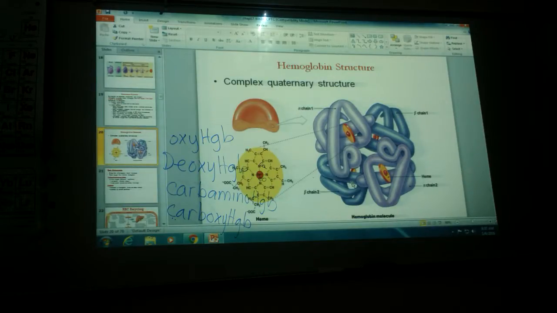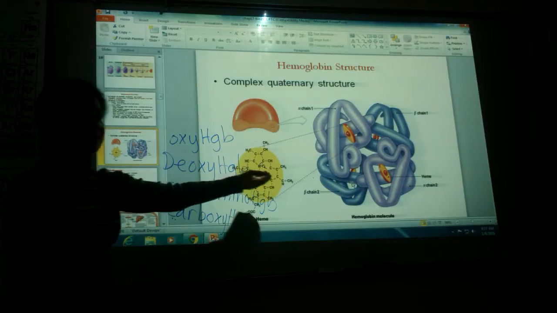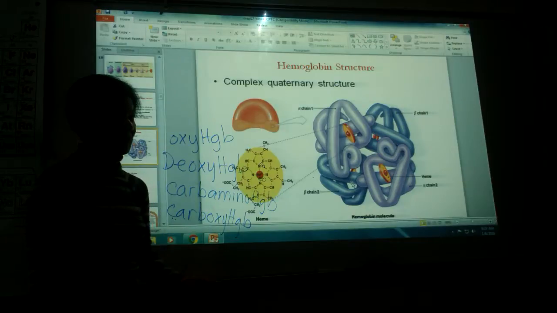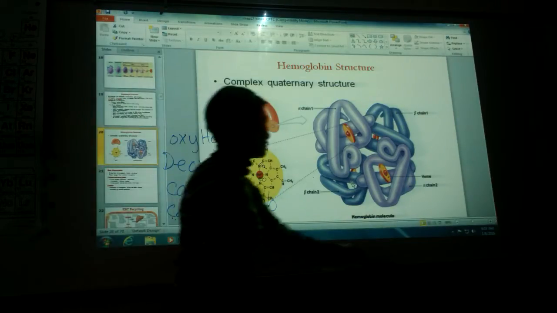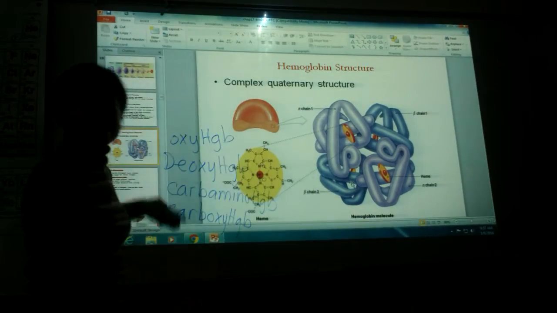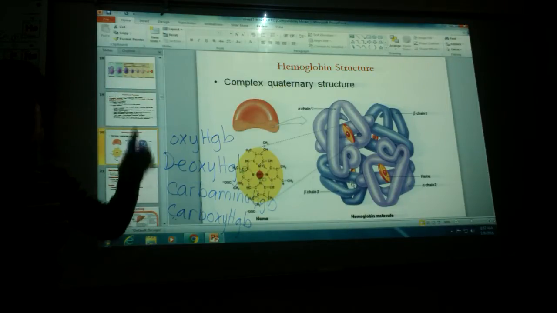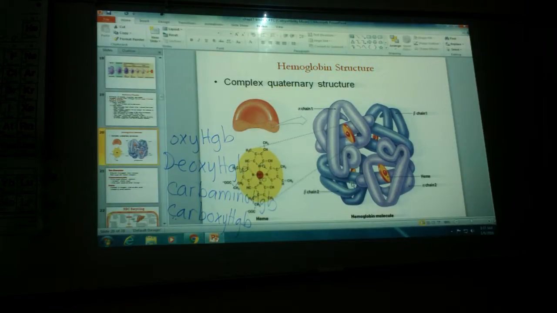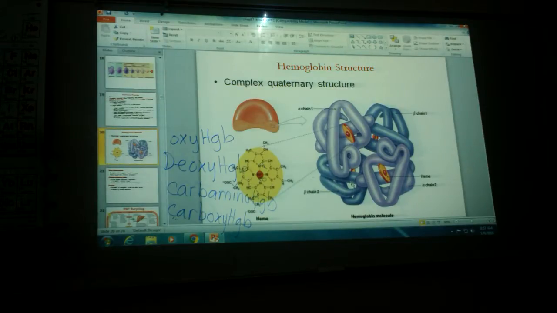If that's the one riding in your red blood cell and not oxygen, how is oxygen going to reach your body? That is the threat. Okay? You understand these terms? Yes? What is carbaminohemoglobin? That's carbon dioxide. That's normal. Carbaminohemoglobin is normal. Carboxyhemoglobin is abnormal. This is dangerous.